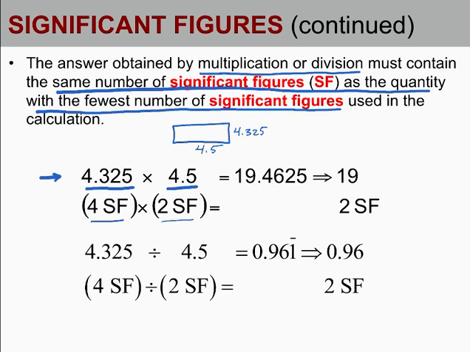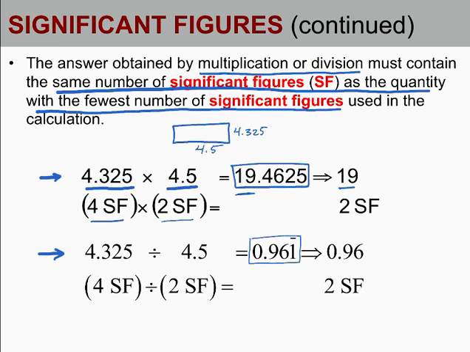Now, when you plug this into your calculator, you're probably going to get a very long answer. So in this case, 19.4625. So you're going to have to simplify this and pare it down to just those first 2 significant figures. So our answer would end up being just 19. Now, if we're dividing those 2 values, so let's say we're dividing 4.325 by 4.5, our calculator is going to give us 0.961111.